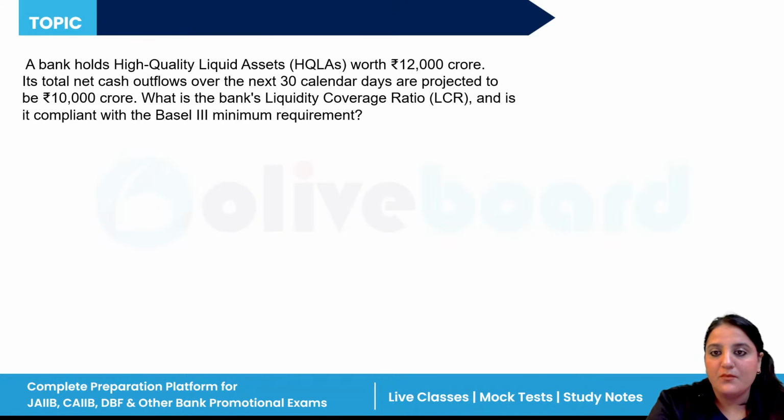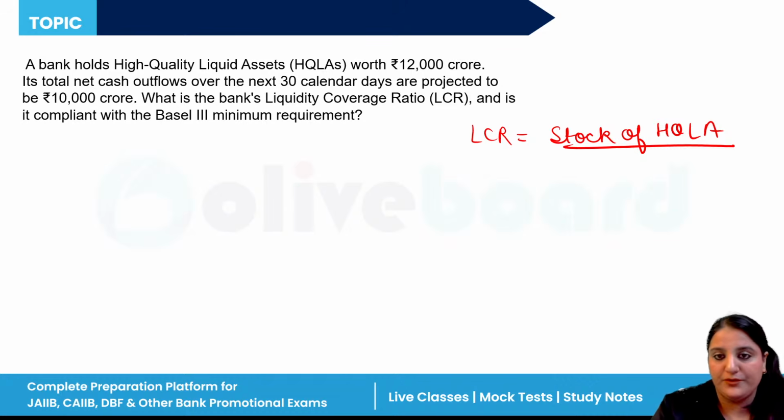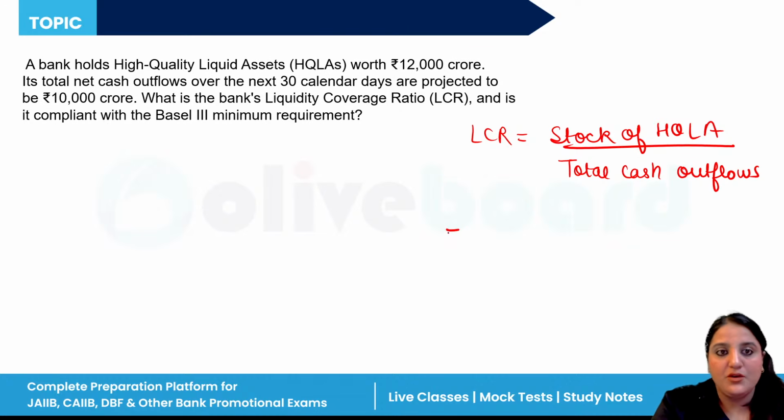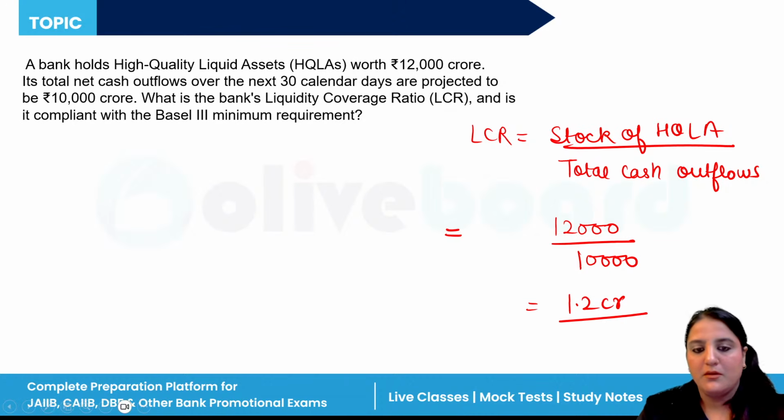See, the LCR formula is the stock of HQLA divided by the total cash outflows for 30 days. So the stock of HQLA is 12,000 crore divided by 10,000 crore, which equals 1.2.